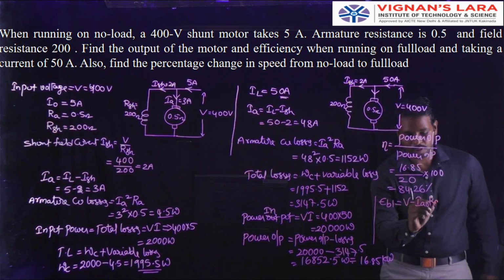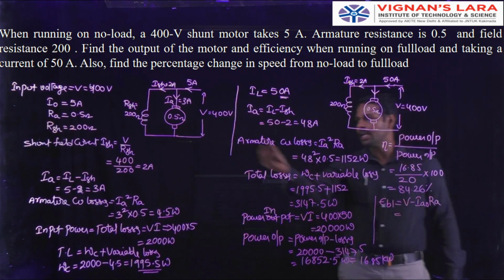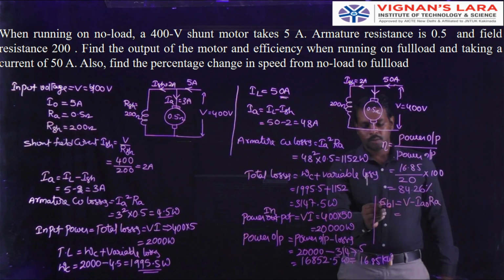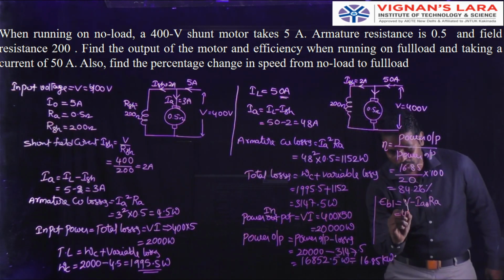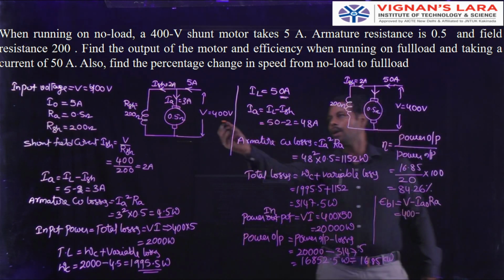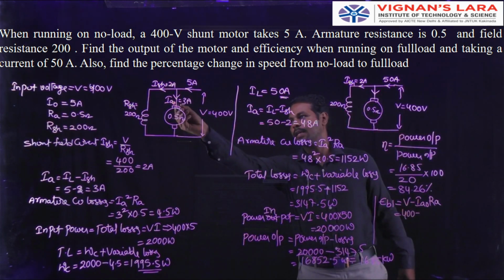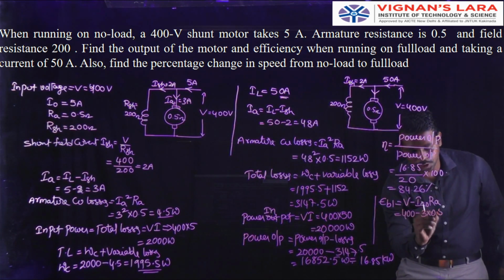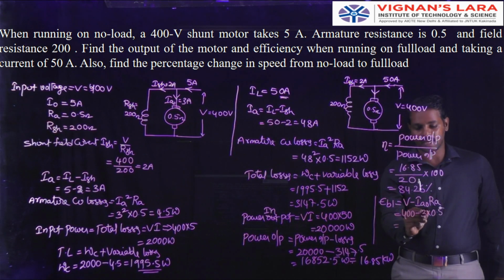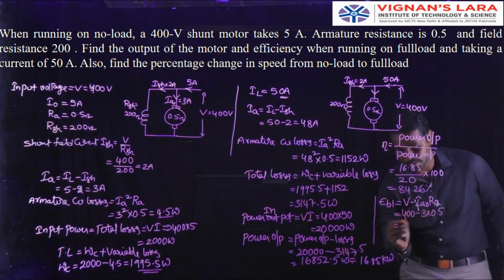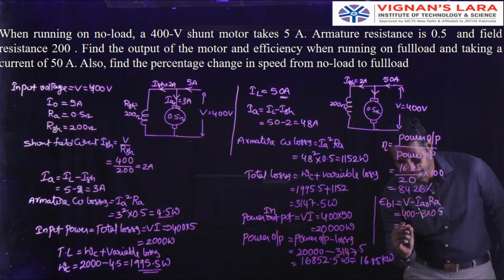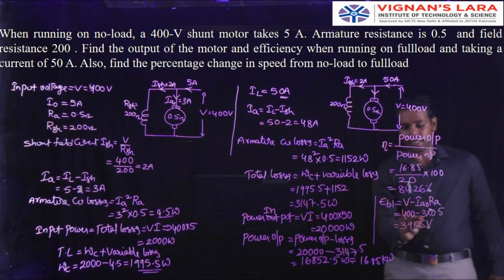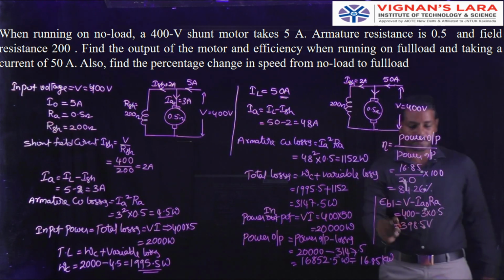In this condition we are calculating the back EMF of the motor: 400 minus 3 into 0.5, which is 400 minus 1.5, equal to 398.5 volts. That is the first condition.